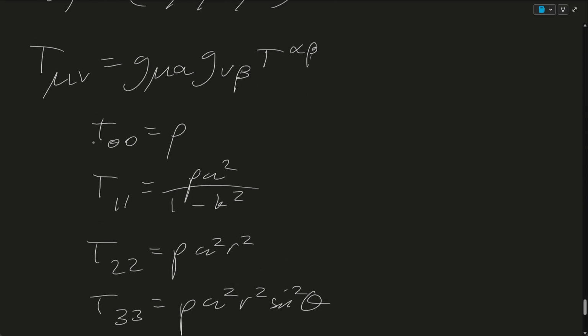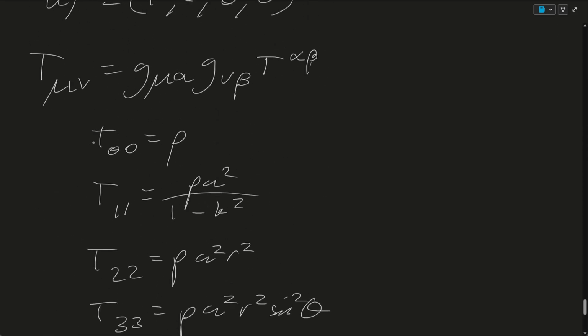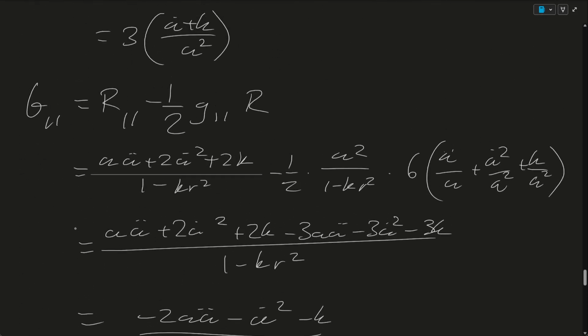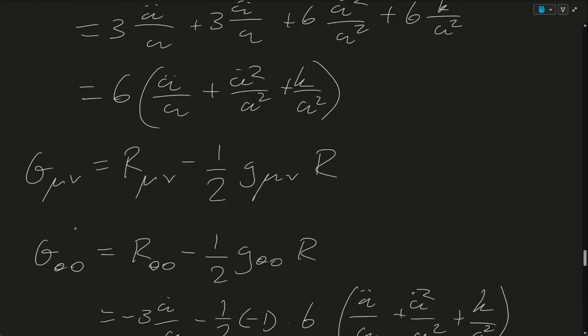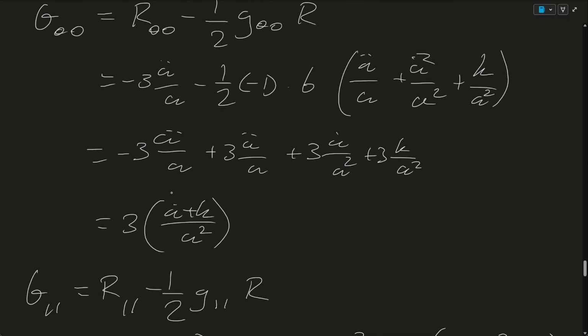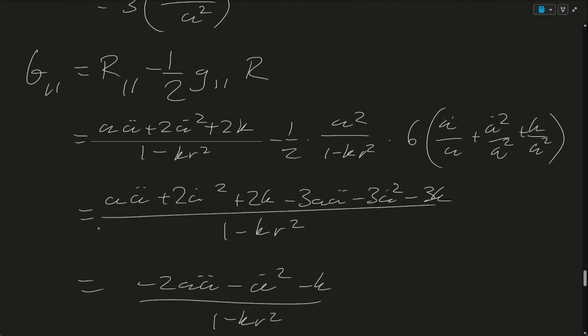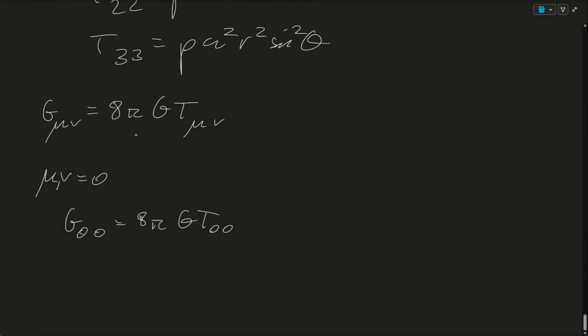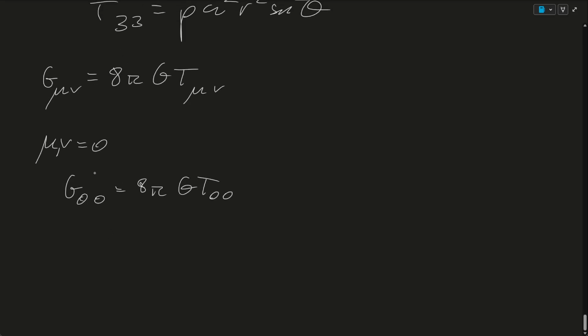Let's substitute in equations. For G00, we should have up here that G00 is 3 times a dot squared plus k over a squared. And we also have that T00 is rho, from the energy momentum tensors rather.